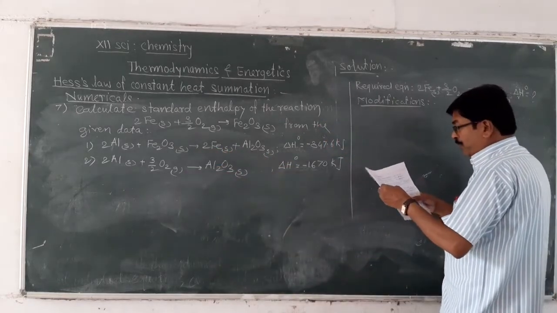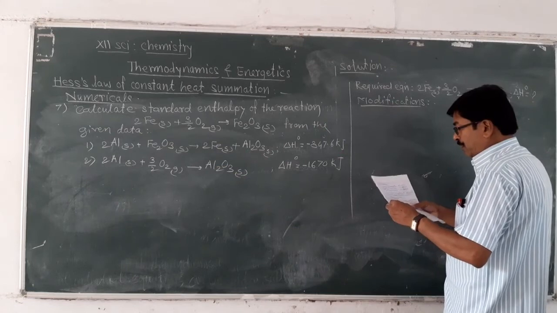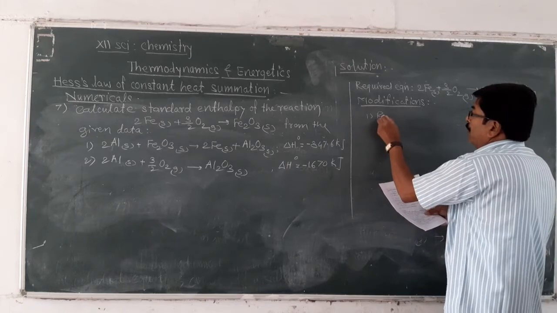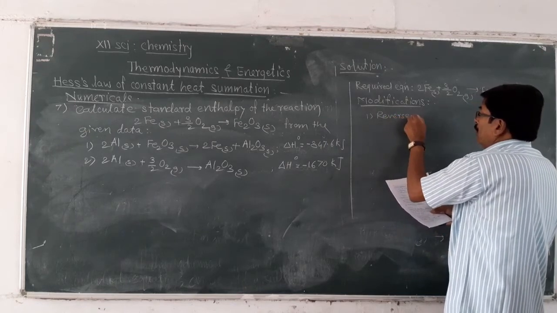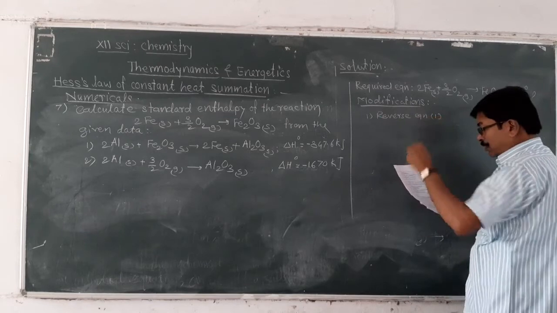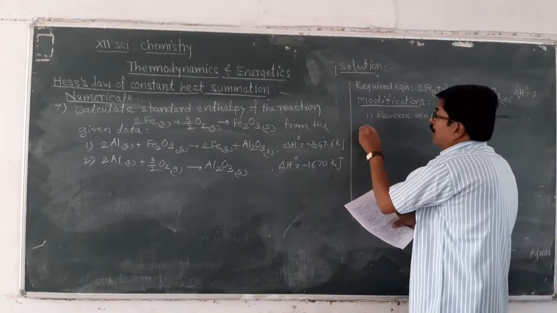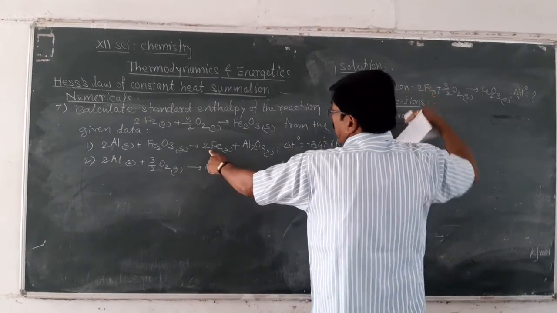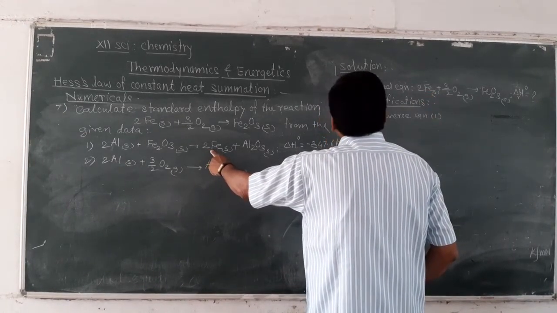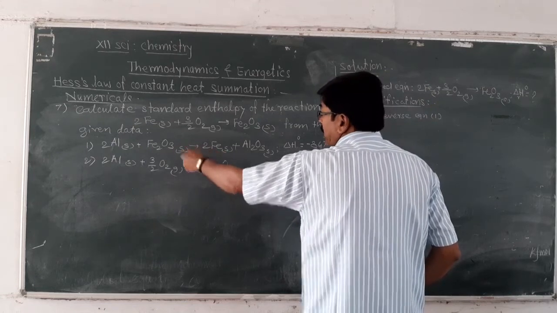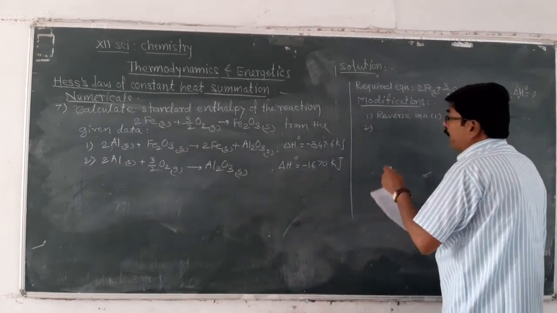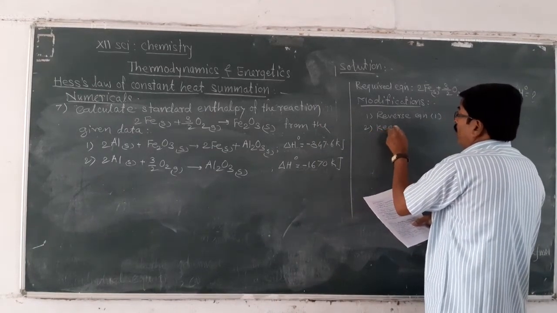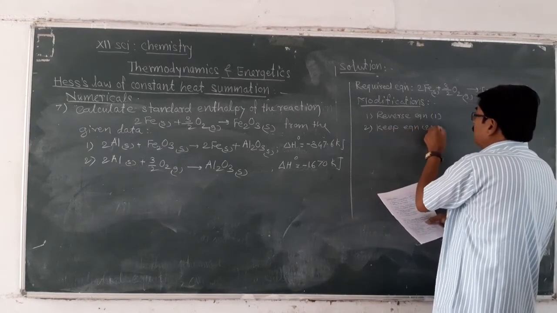Now, first modification: reverse equation 1. Why is it to be reversed? Because we want 2 Fe solid on reactant side, but they are present on product side in the given equation. Therefore, this equation is to be reversed. Second, keep equation 2 as it is.